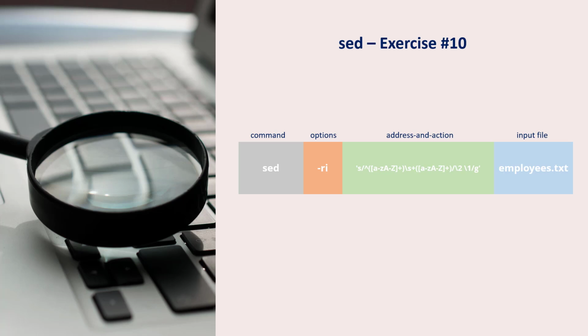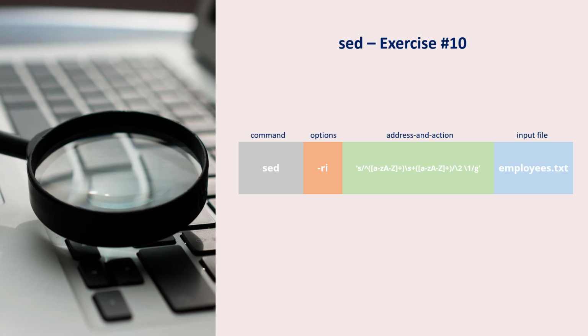So we capture first name into capture group 1 and last name into capture group 2 using our search pattern regular expression. In our replacement string, we refer back to them by saying \2 space \1, which translates to last name space first name.